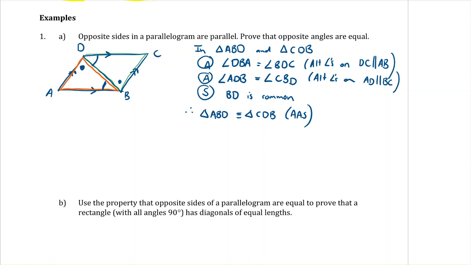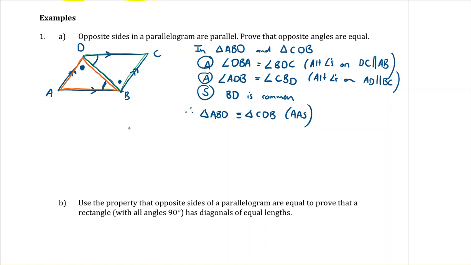Now that I know that the green triangle and the orange triangle are congruent, that means that everything about those triangles is the same. So if something's in the same position in each triangle, they're going to be equal. So I want to prove, remember, that the opposite angles in that parallelogram are equal.